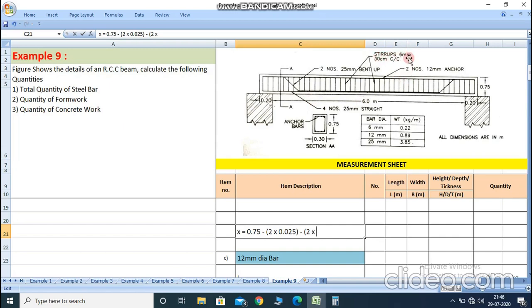Now 6 mm is converted into meter, so we convert 0.006 as a stirrup, and then after minus 2 times half of the diameter of the bar. Here main bar is given, 25 mm diameter bar, so minus 2 times half of the diameter of the bar.